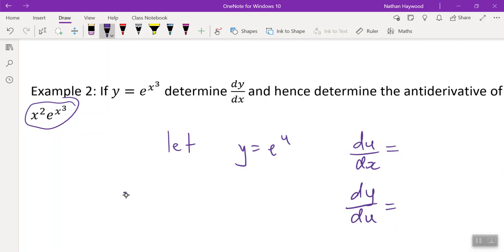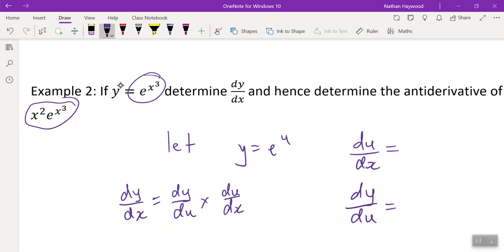Do you remember doing this? What do we do with these two to find this? I think someone said multiply. Good job. So we find these two and then multiply them together to get the overall derivative of this function.